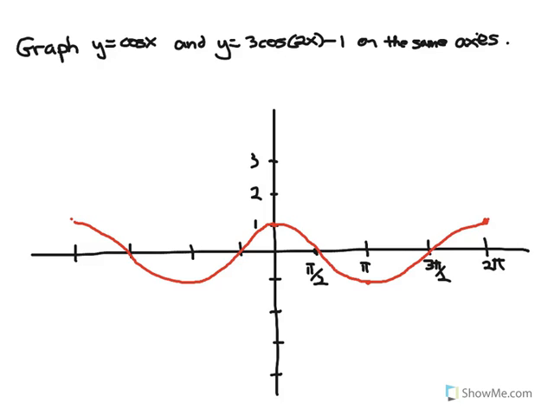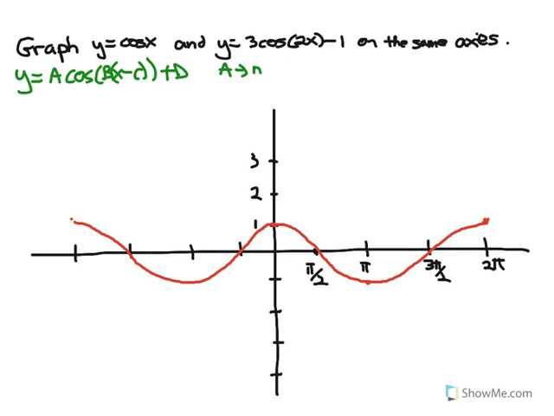Okay, so now we don't want to keep plugging in numbers to create all of our new points. We want to use our knowledge of y equals a cos b of x minus c plus d. And we know that a is the new amplitude.